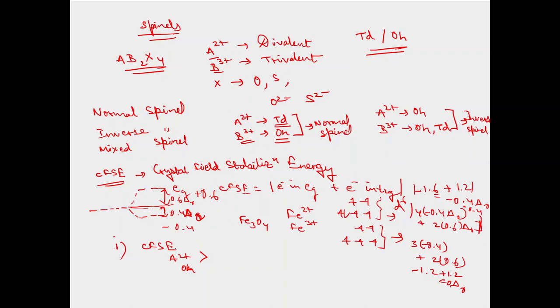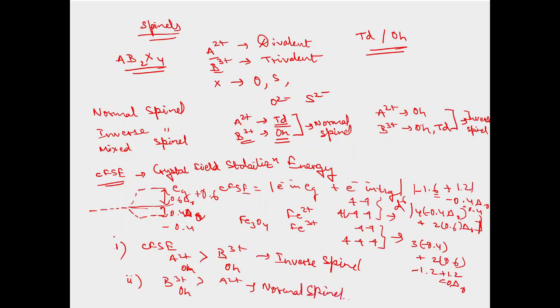If the value for A2 plus octahedral is more than B3 plus octahedral, then the system will have an inverse spinel structure. Whereas if it is the opposite, that is, if CFSE of B3 plus octahedral is more than CFSE of A2 plus octahedral, then we will get a normal spinel structure.